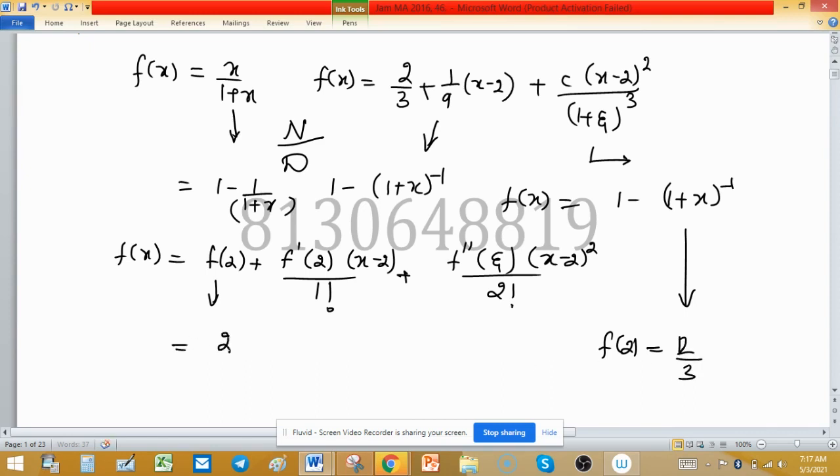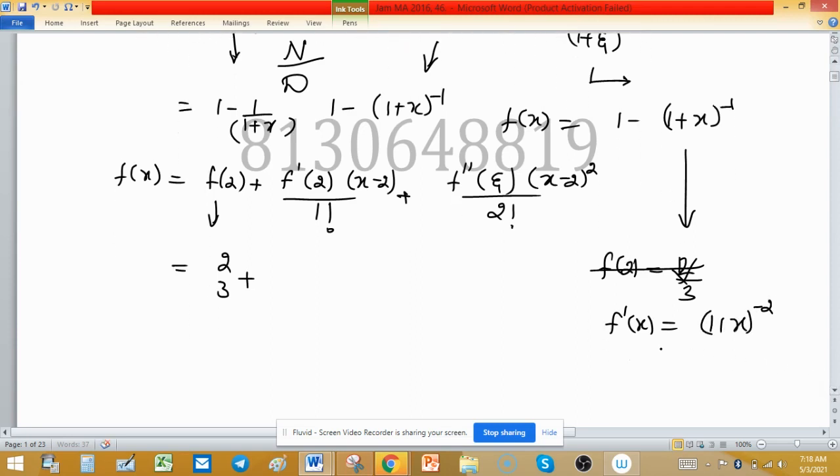The value of f(2) is 2 upon 3 plus f dash(2). The derivative f dash(x) will be minus 1 times minus 1, so minus minus turns to positive: (1 plus x) raised to the power minus 2. The value of f dash at 2 will be 3 raised to the power minus 2, which means 1 upon 9. So I can write 1 upon 9 here, and 1 factorial is 1, so times (x minus 2).